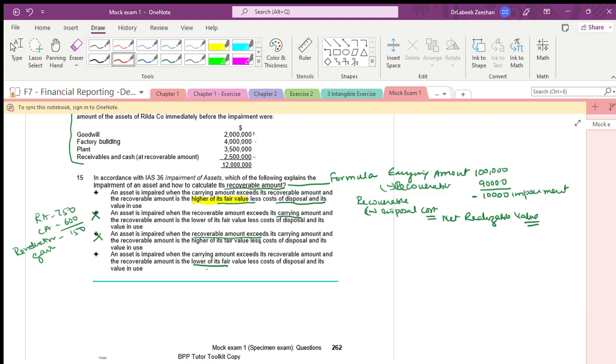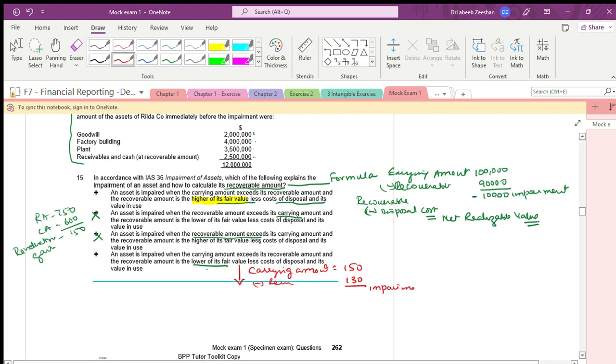See, I will put the numbers for you, then there will be more clarity. An asset is impaired when the carrying amount, assume the carrying amount is 150. Recoverable amount is 130. Then definitely it is the first condition of impairment.